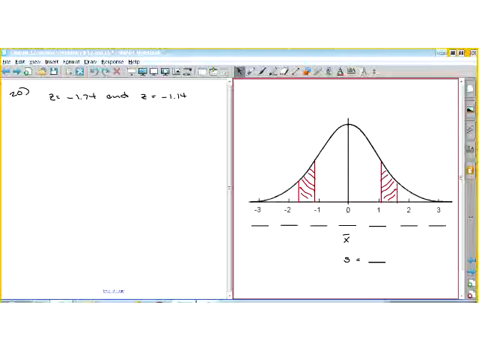Well, to find this area, what I can do is find the area from here all the way to the far end, like this. So I can go from the mean to here, and then I can subtract off the area from the mean to the left-hand side.